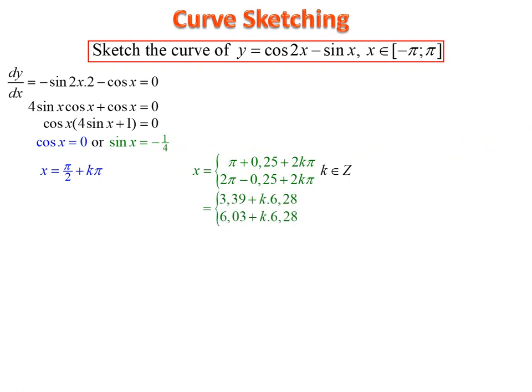And we get the general solution, and therefore we know there are our answers. You see, that's outside the range and that's outside the range, so we'll have to subtract 6,28 and subtract 6,28. That's how we got these values.